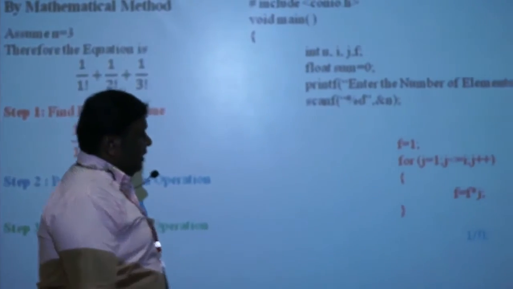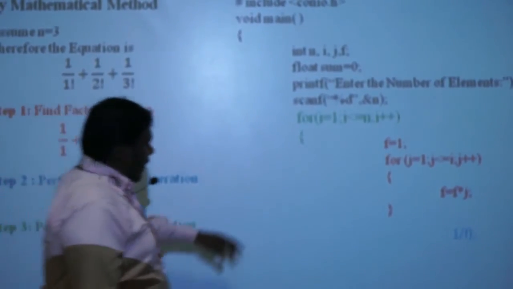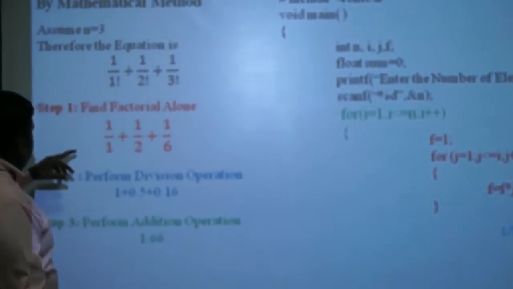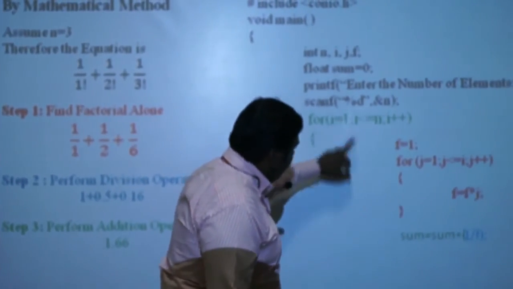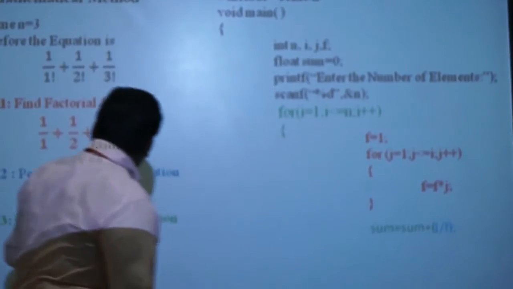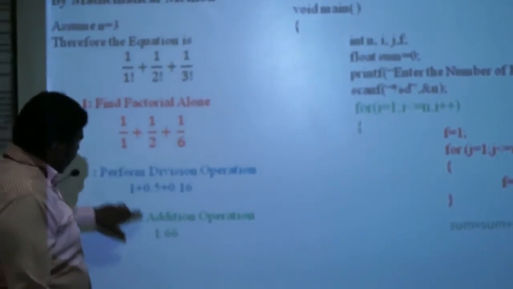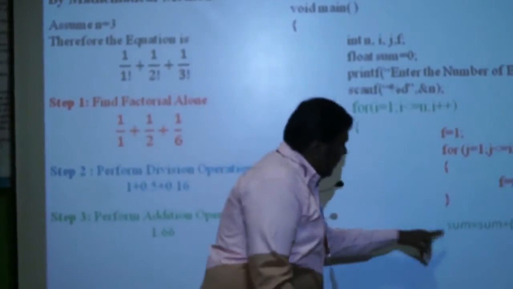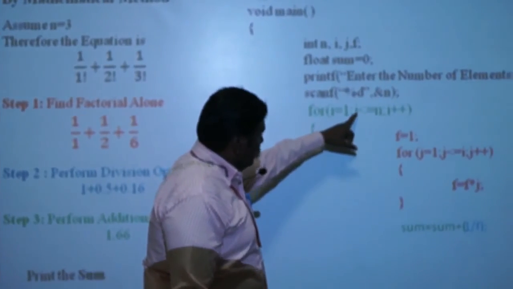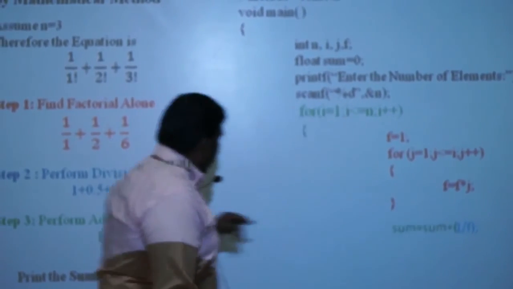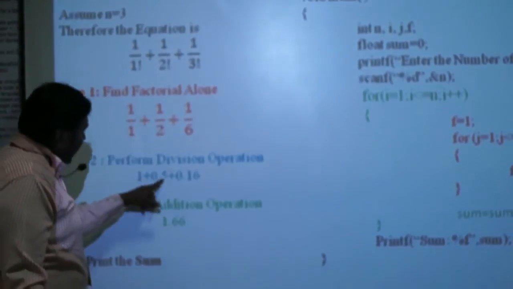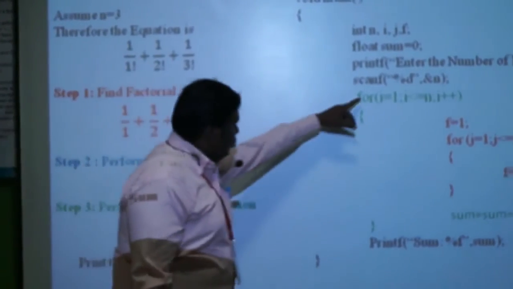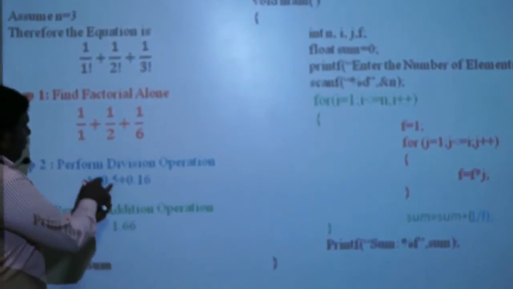Well, on the programming side, I have added the terms with a for loop. In the initial case, when i equal to 1, the first element will be calculated: 1 by 1, so 1 is added and stored in sum. When i becomes 2, the second element will be calculated, that means the factorial of 2 will be calculated and 1 by 2 will be added, so my sum value becomes 1.5.